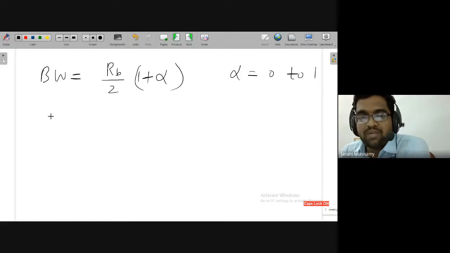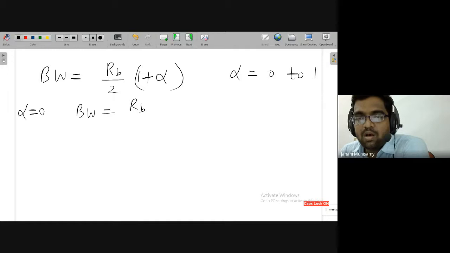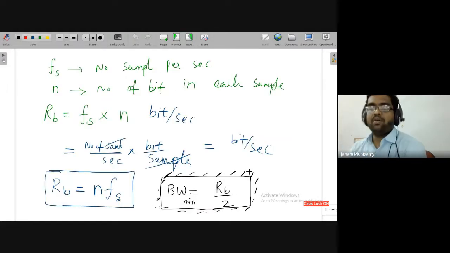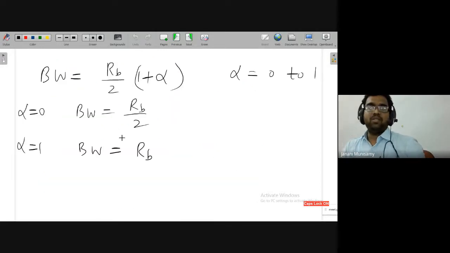When alpha is equal to 0, the bandwidth is RB by 2. When alpha is 1, the bandwidth is RB. That's why I have mentioned minimum bandwidth. This is possible only when alpha is equal to 0. If alpha increases, the bandwidth also increases. So at least please note down this formula.